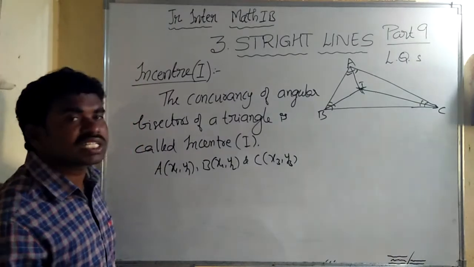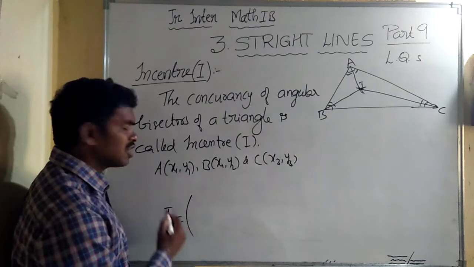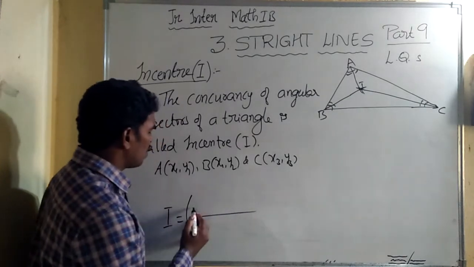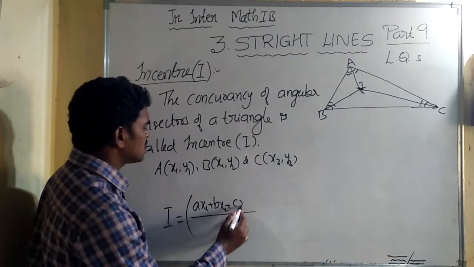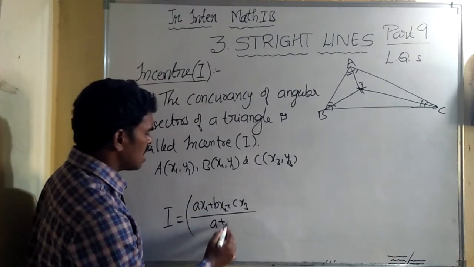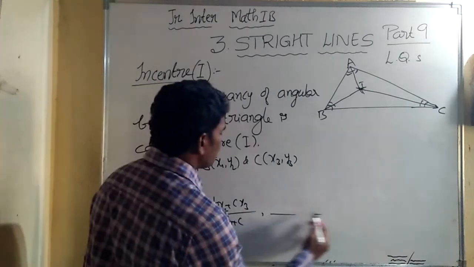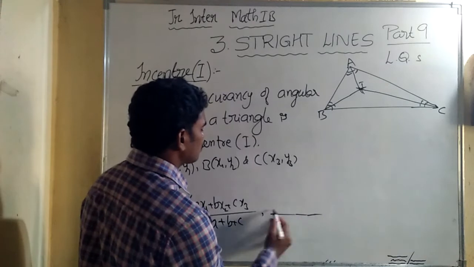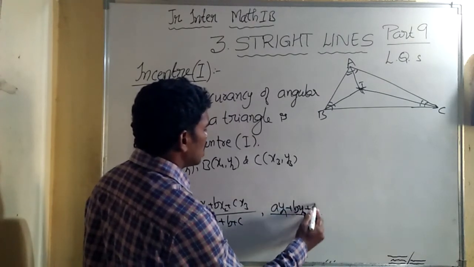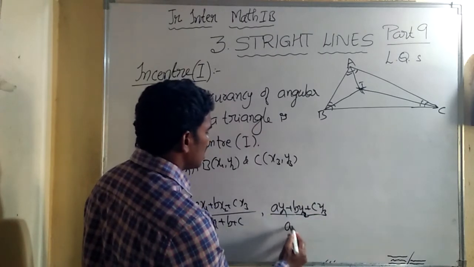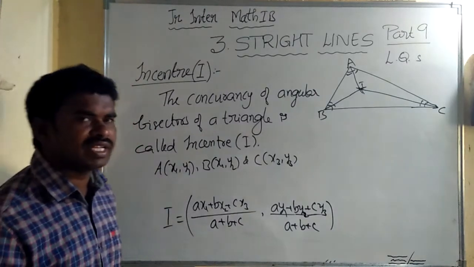Then incentre I equals the formula: (a x1 plus b x2 plus c x3) by (a plus b plus c), comma, similarly for y terms, (a y1 plus b y2 plus c y3) by (a plus b plus c). Using this formula we can find incentre.